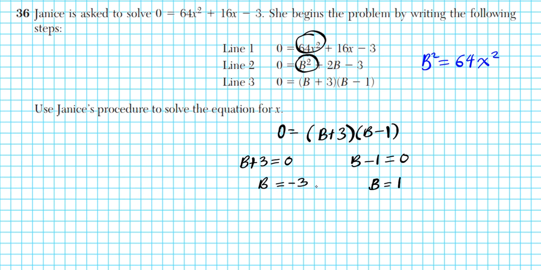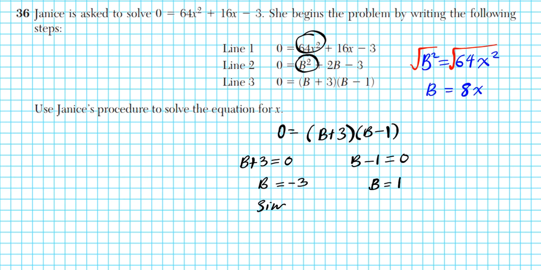We'll simply take the square root of both sides to undo this square associated with the b, and that yields b equals square root of 64 is 8, and the square root of x squared is x. Remember to root both constant and variable. So b is 8x, which means that we are not done yet.